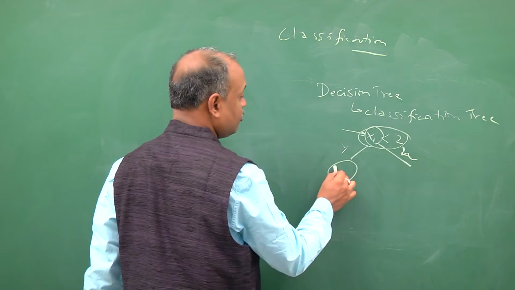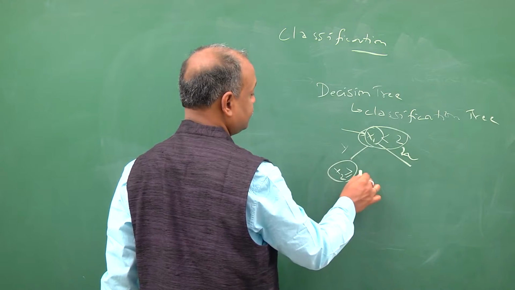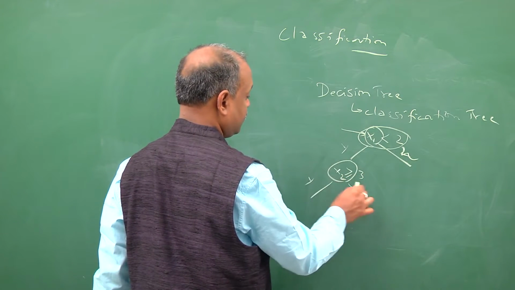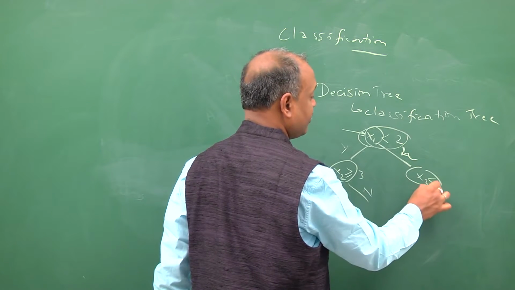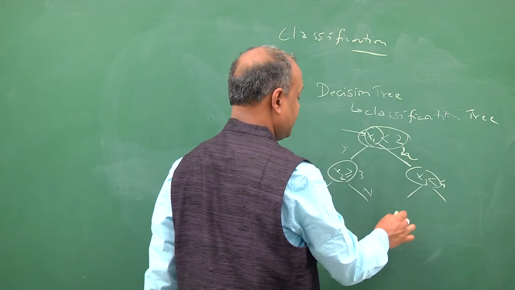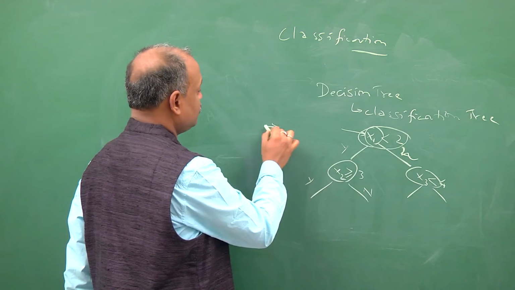Then you may decide to take another branch here, and here again you may take a different variable. But the point is, at each point you divide the search space into two parts.